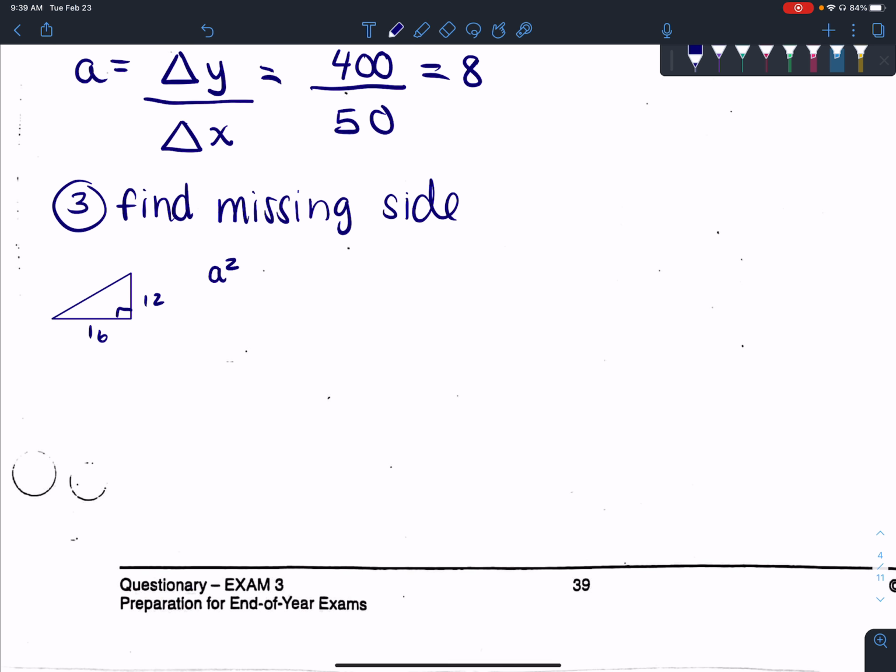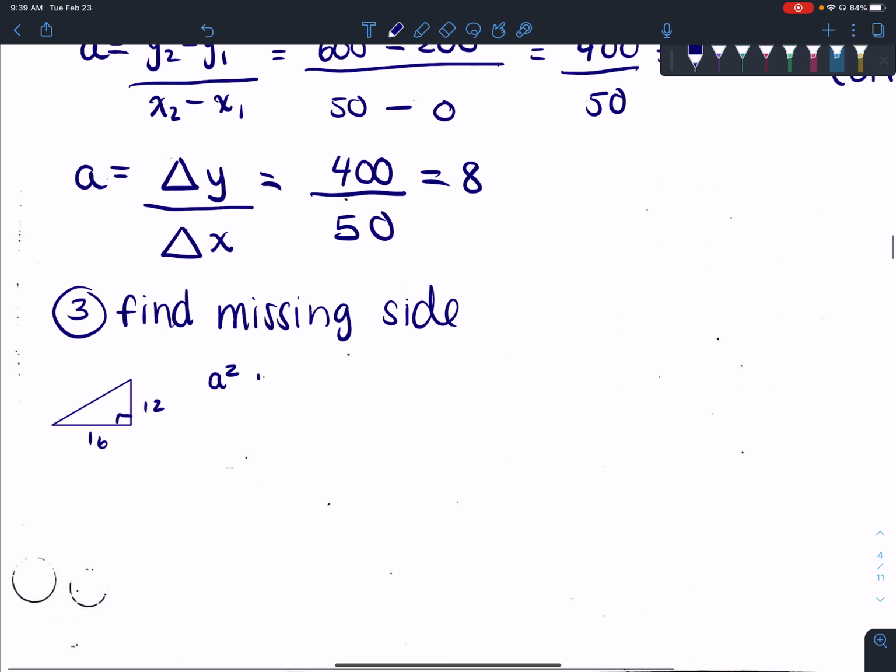And put in our formula for Pythagoras, a squared plus b squared equals c squared. And our step one is always to label our triangle. So we look at our right angle, look over to the other side from the right angle, label that side C. The other two sides, label them however you want. It doesn't matter.